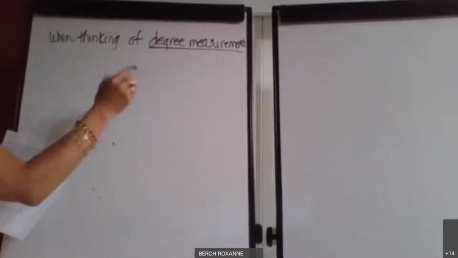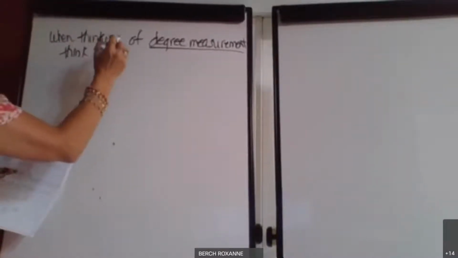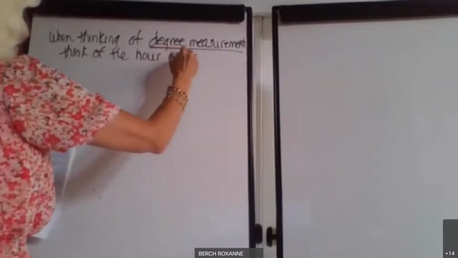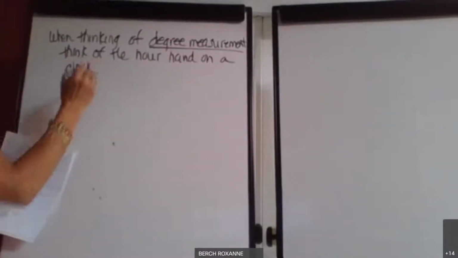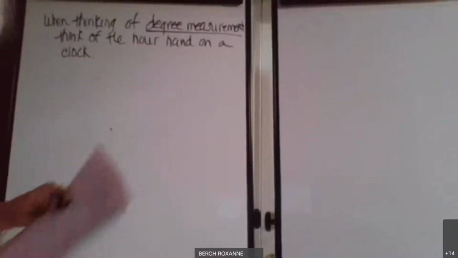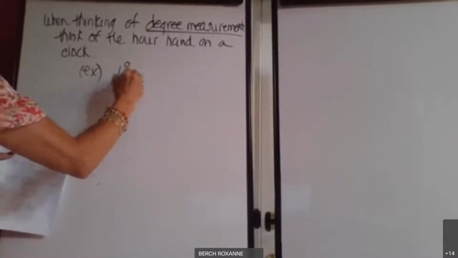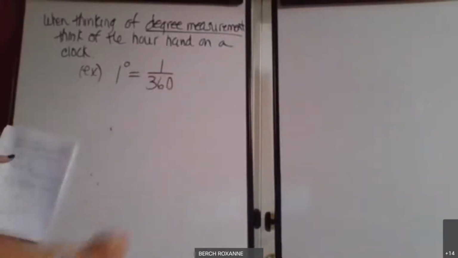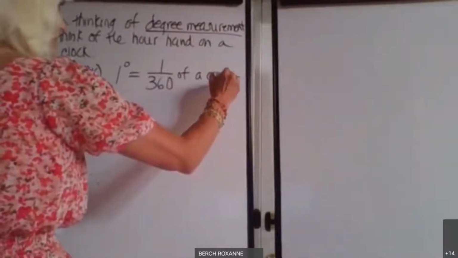All right, so when thinking of degree measurement, think of the hour hand on a clock. For example, 1 degree is equal to 1 out of 360 of a complete revolution.